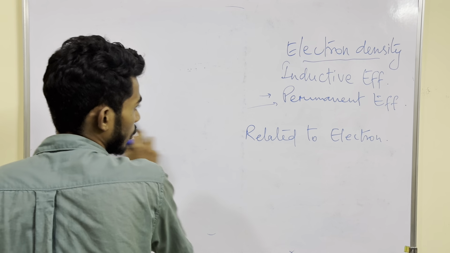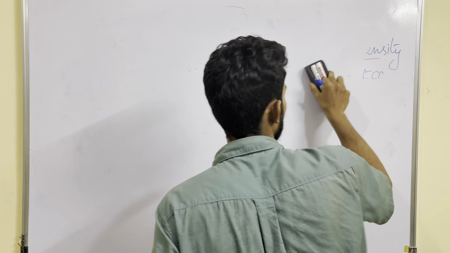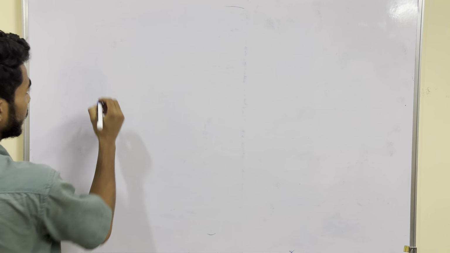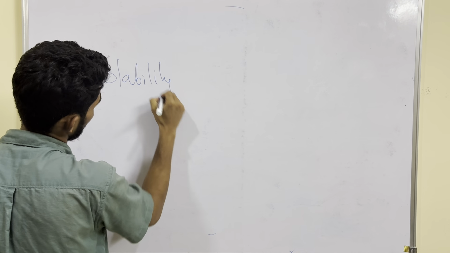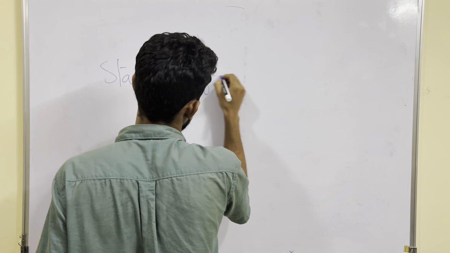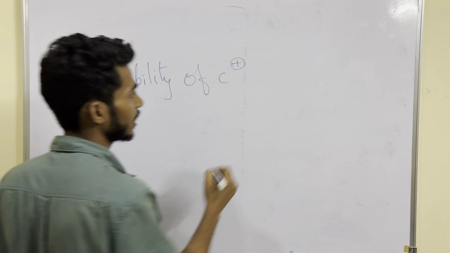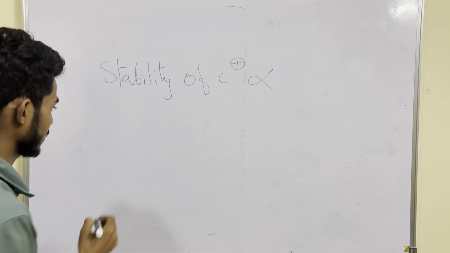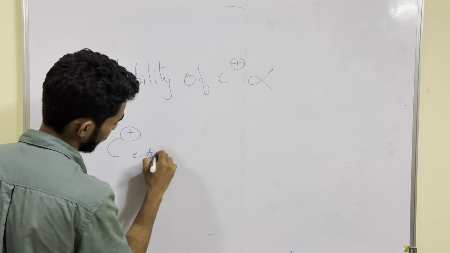The most important point about the inductive effect and the mesomeric effect is that both lead to the stability of carbocation. So stability of carbocation is directly proportional to which effect? Carbocation means electron deficient.